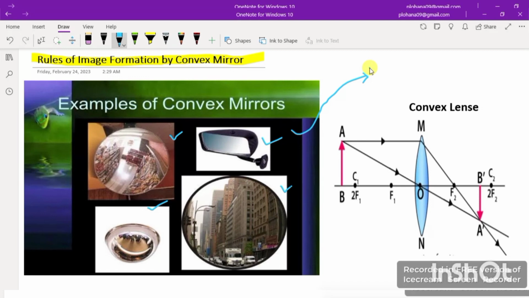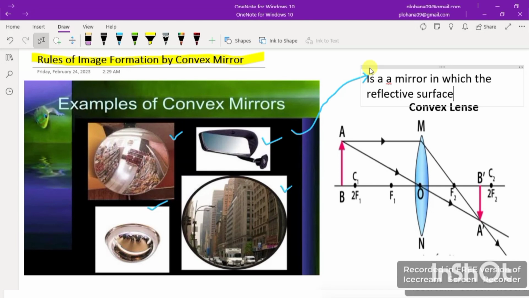So I'm just going to type here. It is a mirror in which light source.